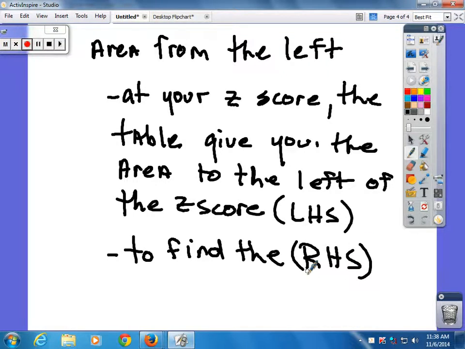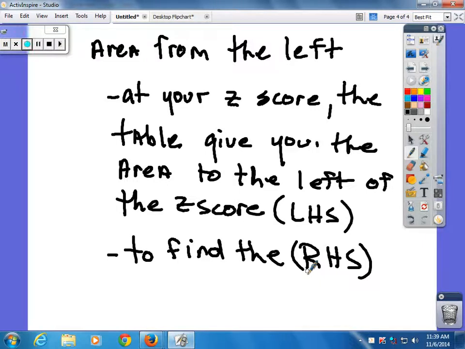What's the right-hand side? If you know the left-hand side, how do you get the right-hand side? It starts with a C. It's the complement.